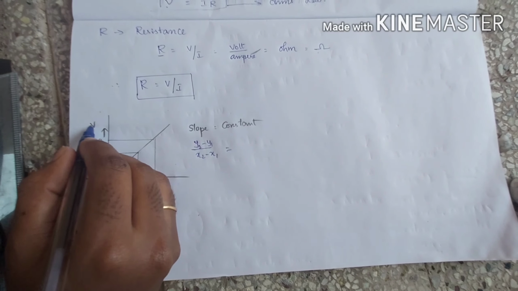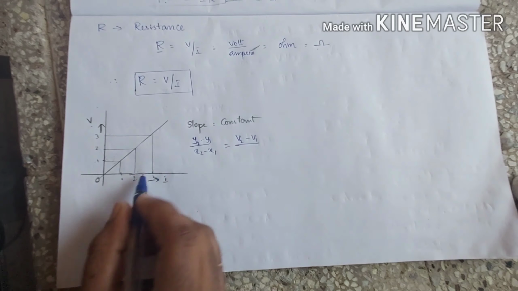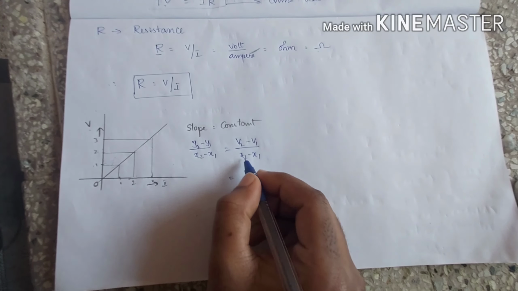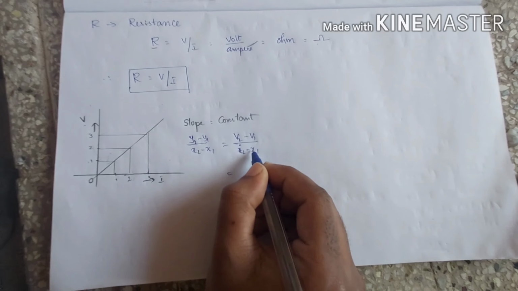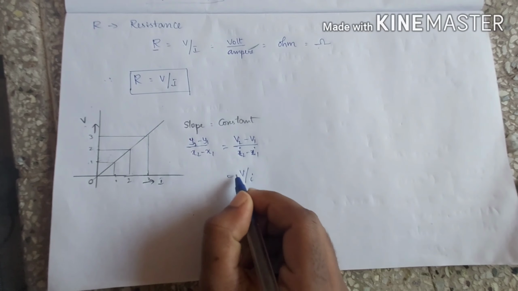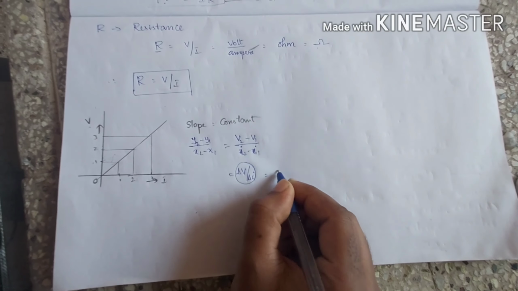Here voltage is on the y-axis, so V2 minus V1 by the current, x2 minus x1, nothing but I2 minus I1, that is delta V by delta I, which means resistance.